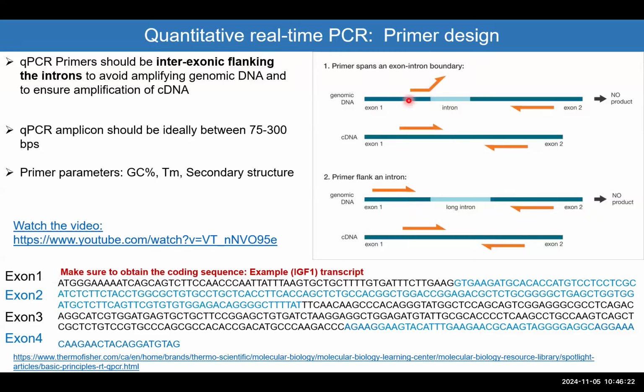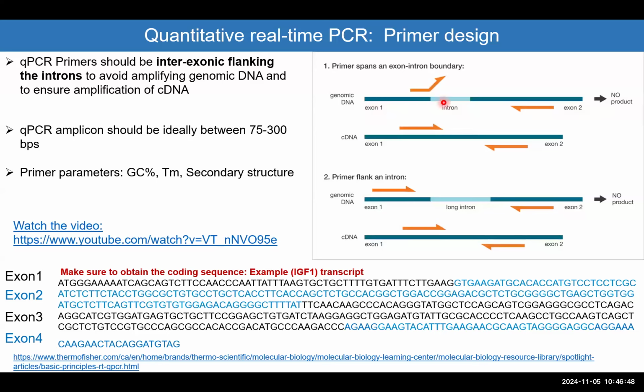If you put your primer forward and reverse here, this is on the genomic DNA, not on the cDNA. So this is one thing. If you put your primer between the exon and the intron, when the cDNA is generated, the primer will not bind. So there will be no problem. So the best scenario, and the one that we use, is one primer per exon.